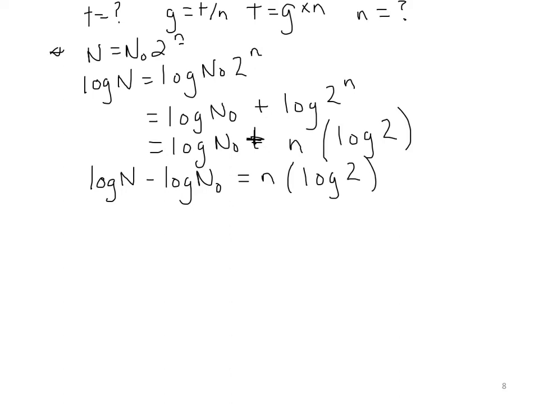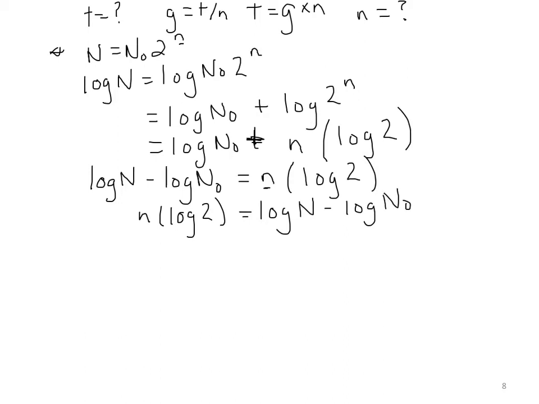Okay, I want to get my N over on the left-hand side, so I'm going to put it over there now. N log 2 equals log N minus log N naught.